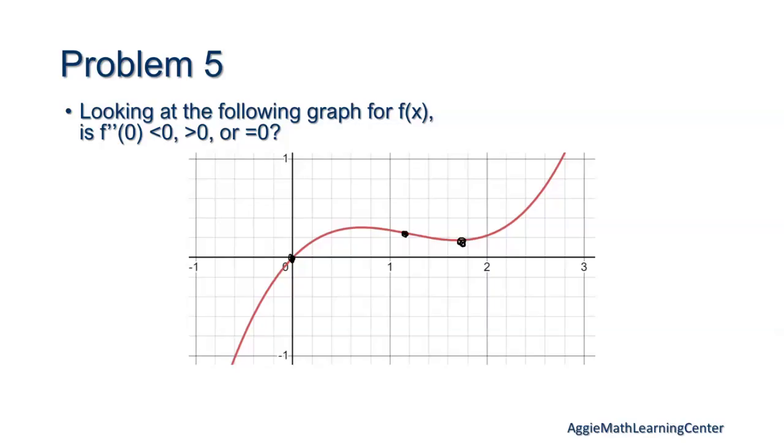So the second derivative would be 0 there. Okay, so that's the second derivative test. You take the derivative, you find the roots, you plug those critical points into the second derivative, and that'll tell you the concavity at that critical point. Okay? And this is for local min and max. Any questions? Okay.